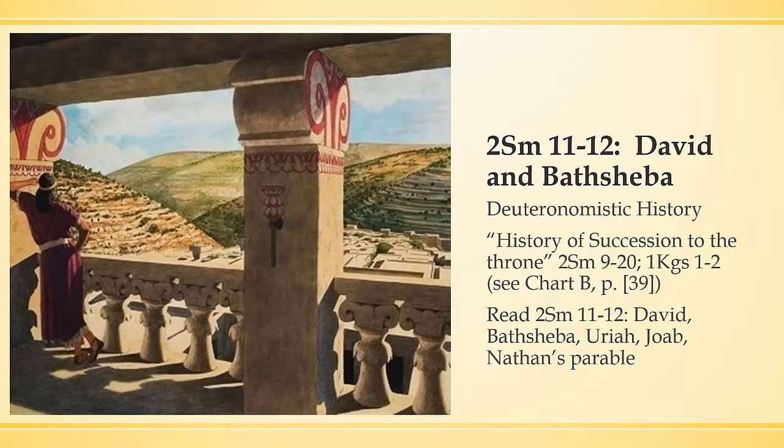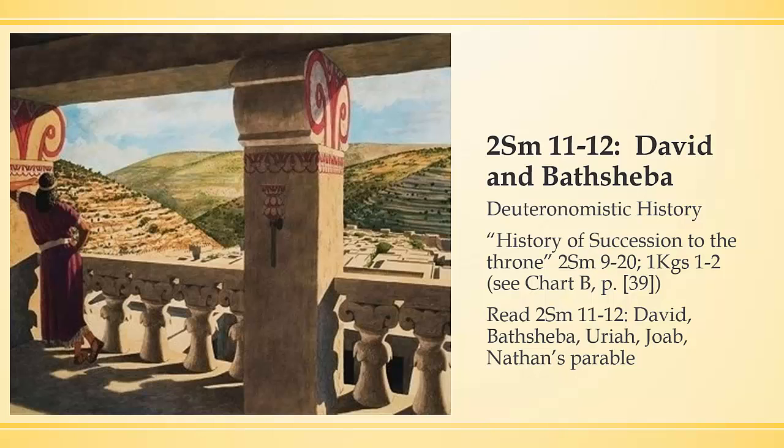We conclude today's class with a famous passage which is a clear example of the Deuteronomistic history. This passage is 2 Samuel chapter 11 and chapter 12 about David and Bathsheba. This is part of the Deuteronomistic history, and it's one of the most ancient parts.